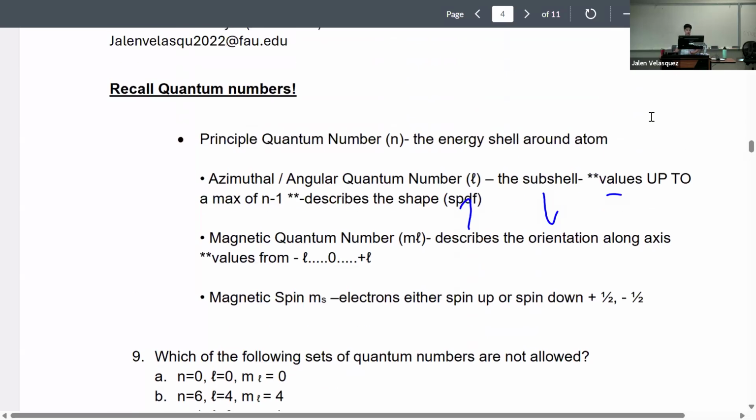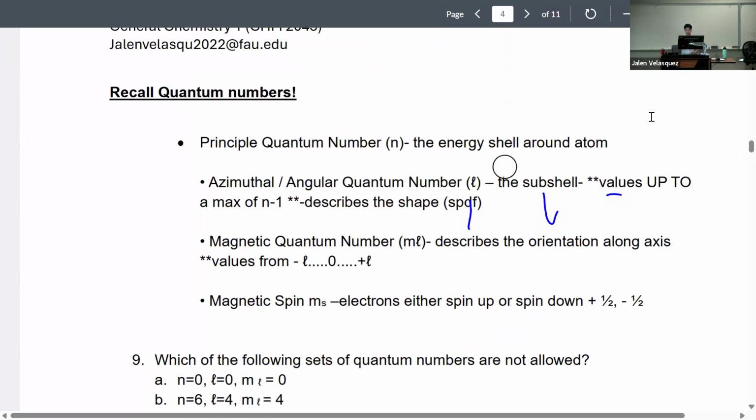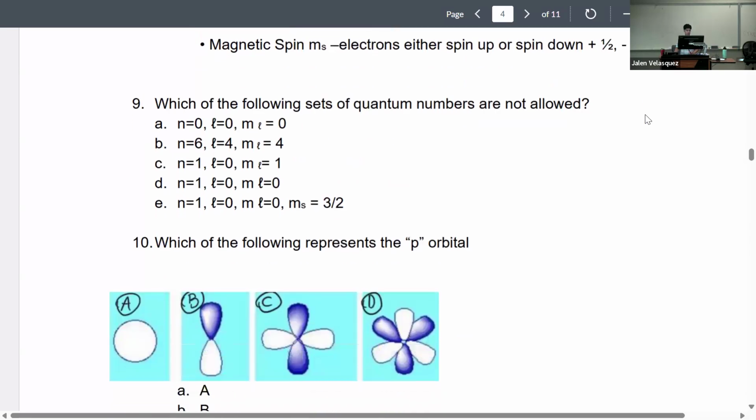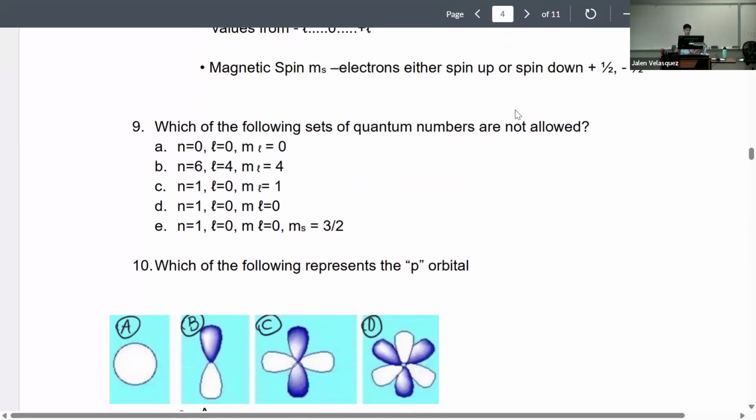So any questions here on the quantum numbers, what they mean, what the limitations to the possible values are? All right, so I'm going to give you a moment to look at number 9. Which of the following sets of quantum numbers are not allowed? And there are going to be 3 answers here.